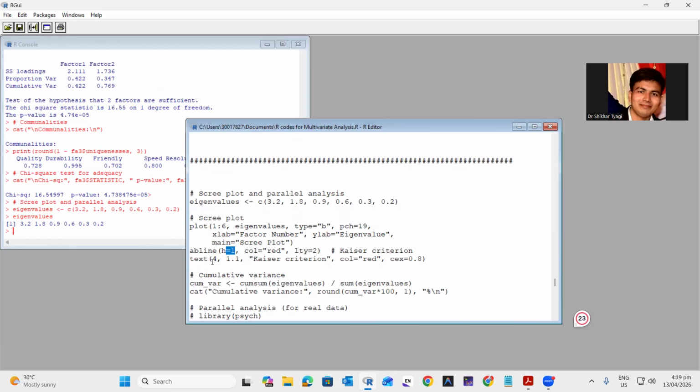After that, the text is for 1.1, Kaiser criterion, with col equals red and cex equals 0.8. So it will add a label near the dashed line, that is, Kaiser criterion should appear near the dashed line.